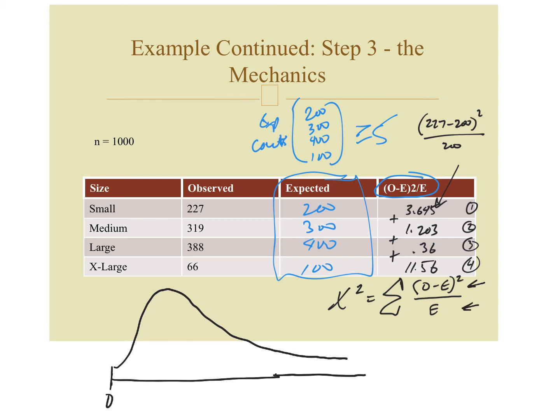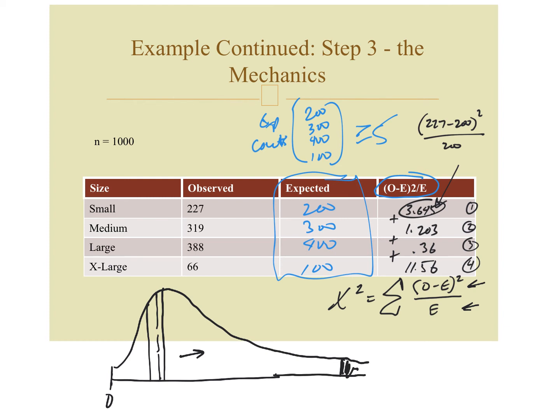And the further the O and the E are from each other, the further down the curve you're going. So in this particular problem, this 3.645 brings us a certain distance down the curve. Then the 1.203 brings us a little further down the curve. Then the 0.36 brings us a tiny bit further. Then that 11.56 brings us way down the curve.